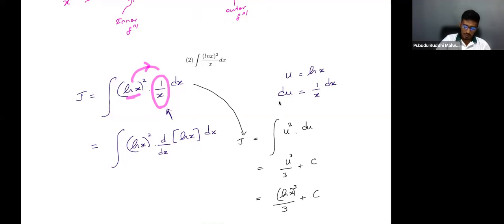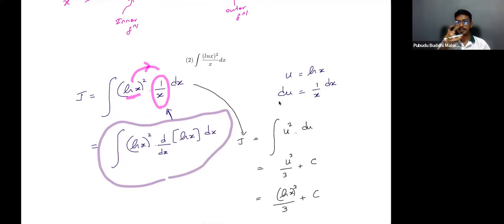So observe this form. That's quite helpful. Creating that form, then this part here, this function, that's the substitution. After creating that form, you can easily identify the substitution.